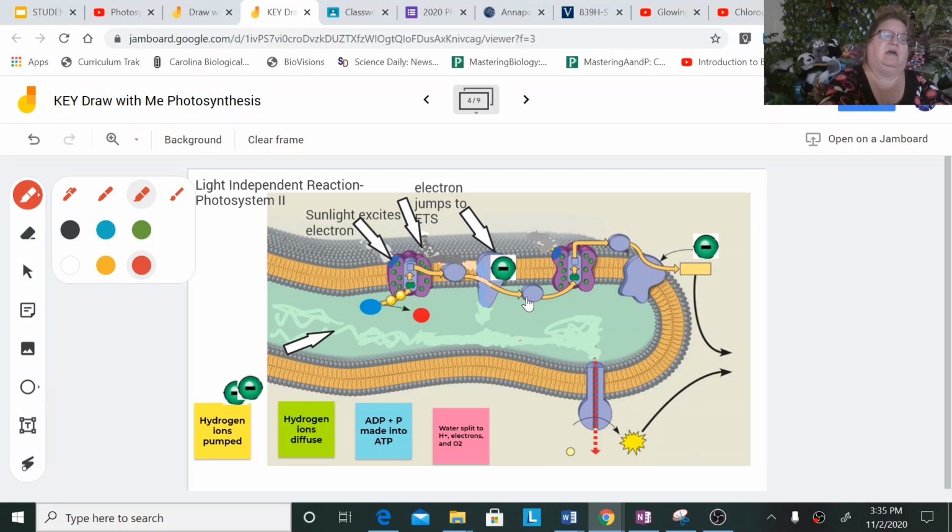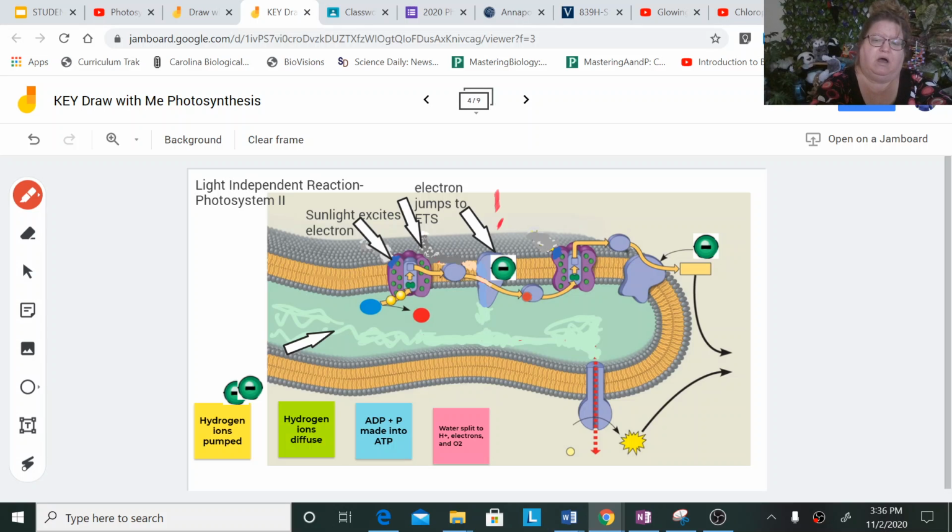And sometimes I like to add a little exclamation point right here, because it's got a lot of energy. It's going to pump hydrogen through, and again, we're going to have hydrogen ions, which are basically positive charges, inside. So we're going to have hydrogen ions inside.